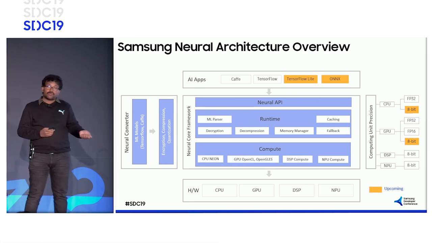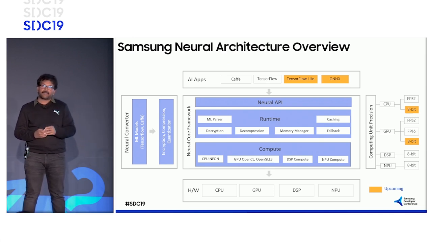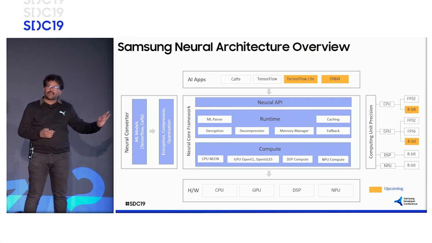And also, if you look at runtime, on the left side, there is an ML parser. This is a runtime parser. Another key benefit of our neural architecture: you can run an open source public model without any neural conversion.